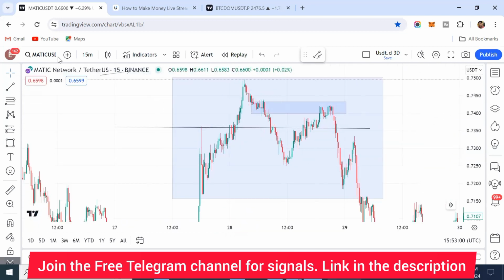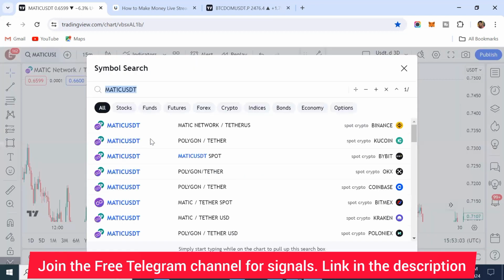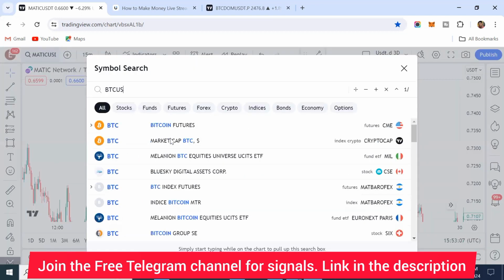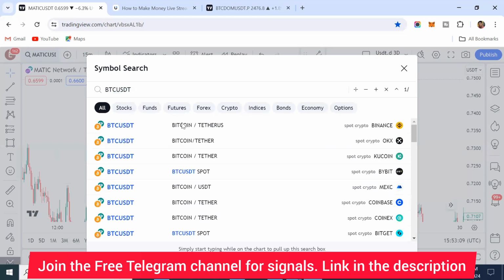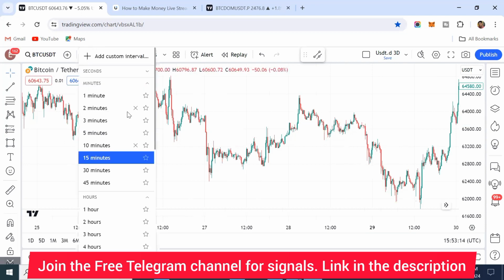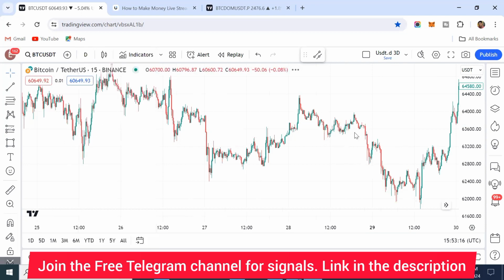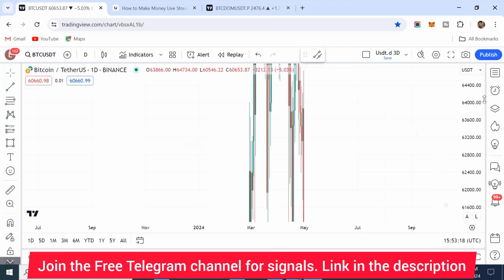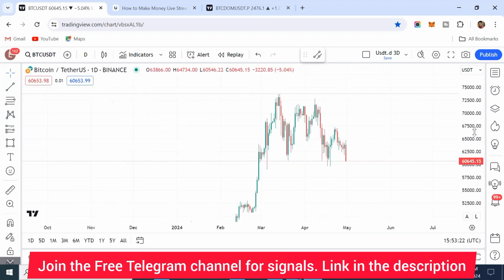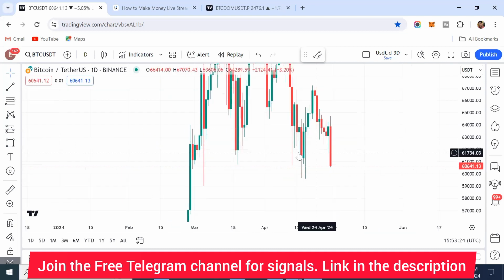So that's it for Matic, right? So let's see if we can do one more. Let's see what BTC was doing. Here's BTC currently now. Let's see, we had a sweep there, and it's very obvious that we had a big sweep.